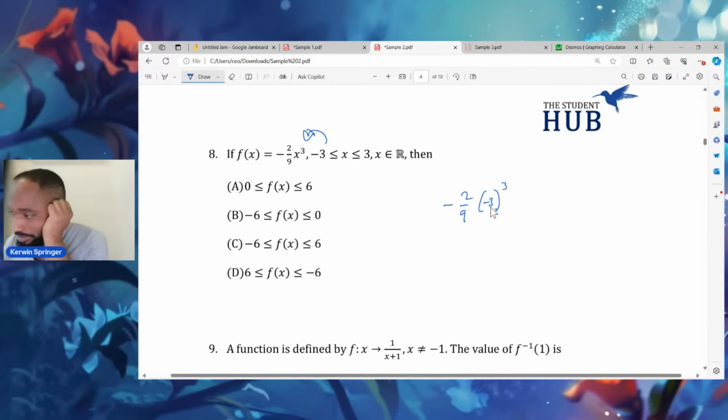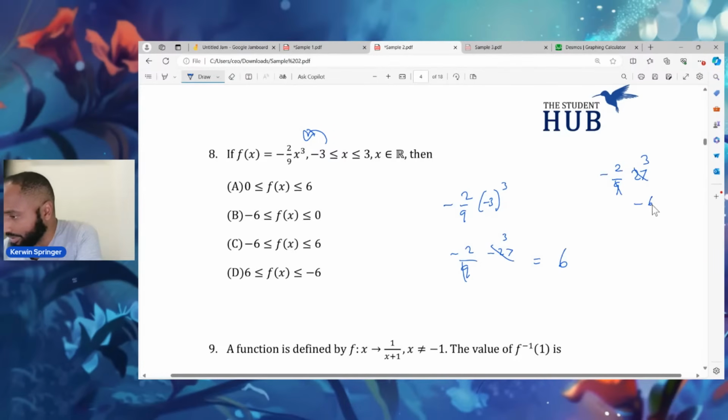Negative 3 cubed is negative 27. 9 going into that 3 times, so we end up with a positive 6. Then 3 going into this, we're going to have a positive 27, 2/9, 9 going into that 3 times, and you end up with a negative 6. So the range goes down to negative 6 and comes up to positive 6.